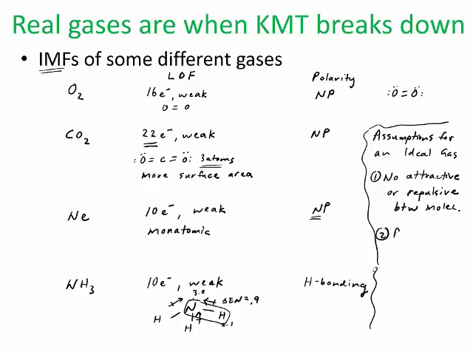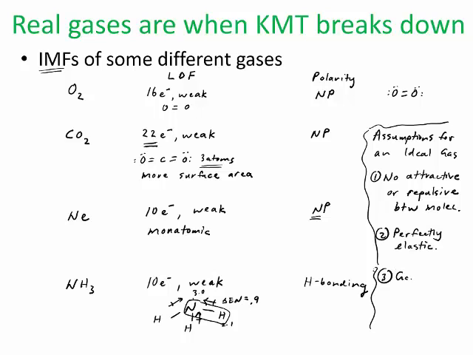Secondly, the collisions are perfectly elastic. After they hit each other and the sides of the container, the gas molecules continue to show the overall same kinetic energy. That's the more technical way to say it. So they don't lose any kinetic energy after they collide.